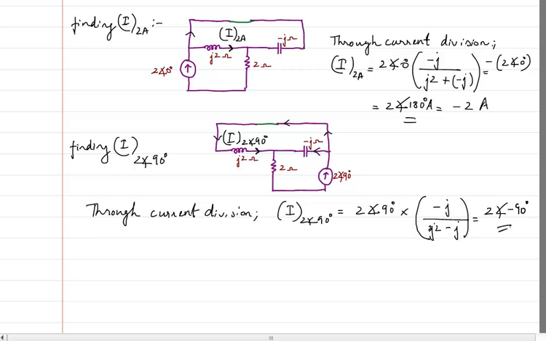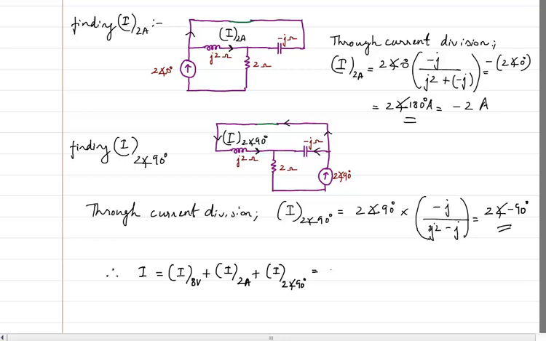So now we have got the three currents. Therefore, the final answer will be the total current I, which is a combination of I because of the 8 volt source plus I because of the 2 amp source and I because of the 2 angle 90 degree amps source.